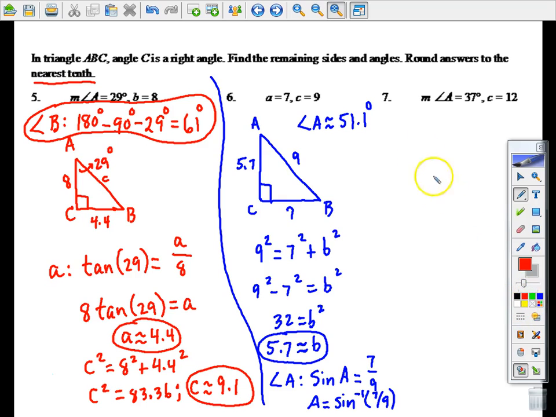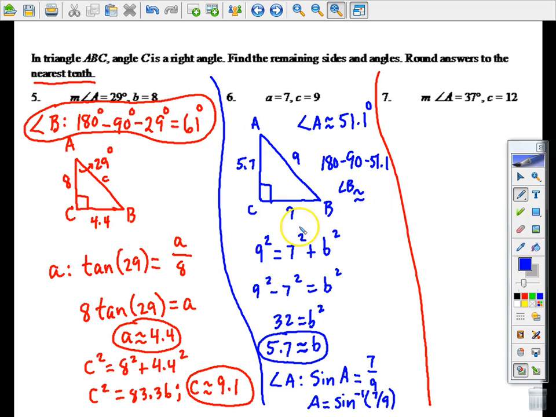Okay, and run out of space here. That makes it easy to find angle B, because once again we go back and we start at 180 degrees and we subtract, let's squeeze it in here, 180 minus 90 minus 51.1, and that gives us angle B, and that should come up to be 38.9 degrees.